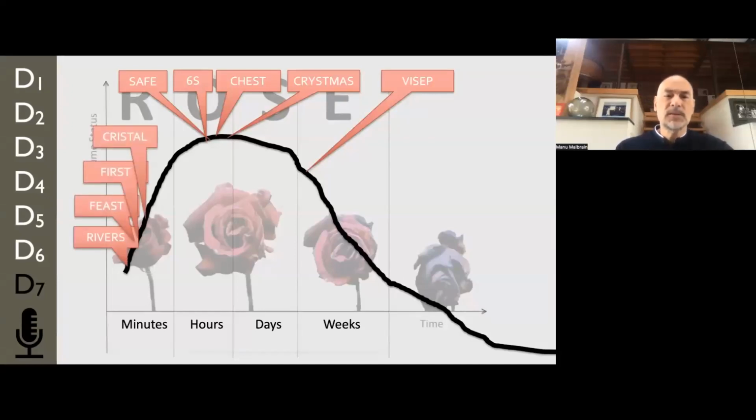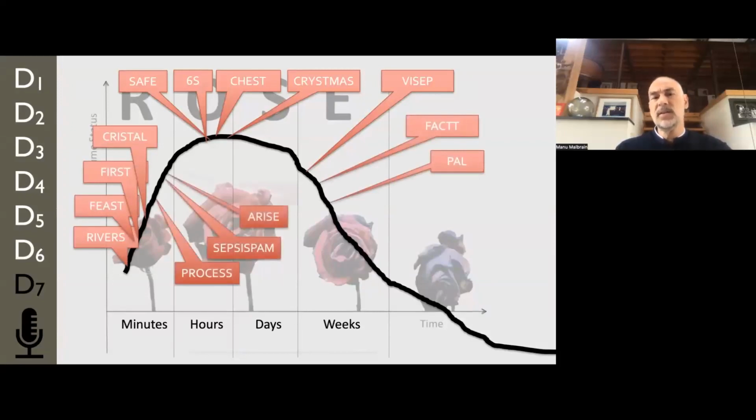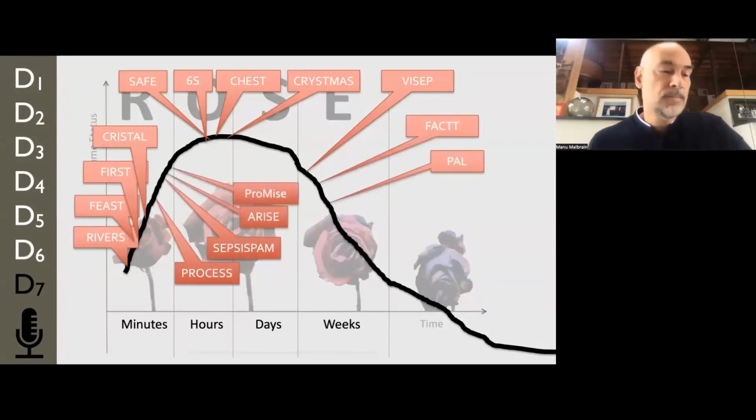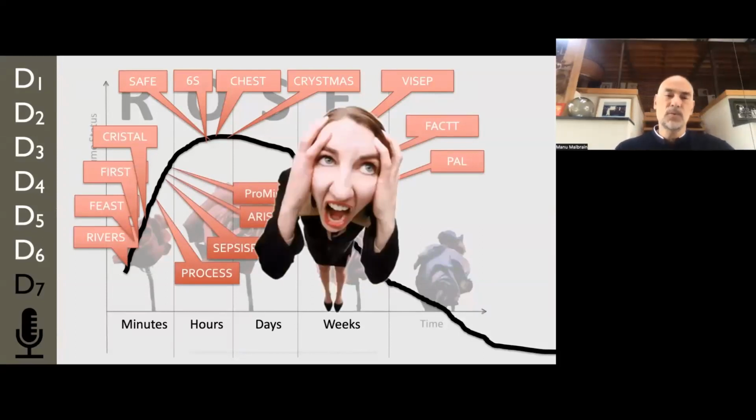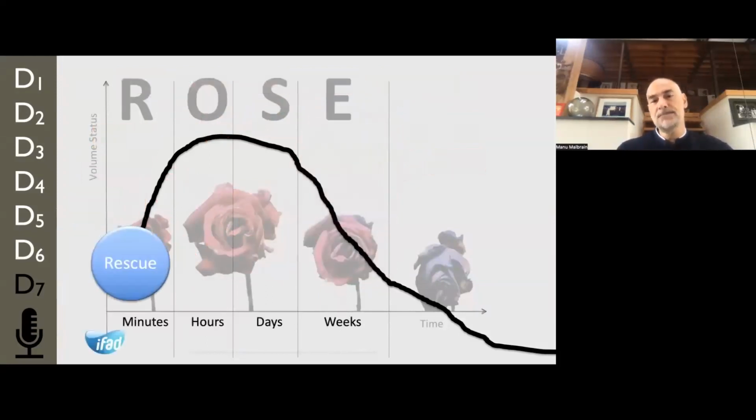Only a few trials looked at the very early stages, and then some studies looked at late stages, and then we have the hemodynamic optimization trials within the first 24 hours. But no one single study took us through all the different phases.